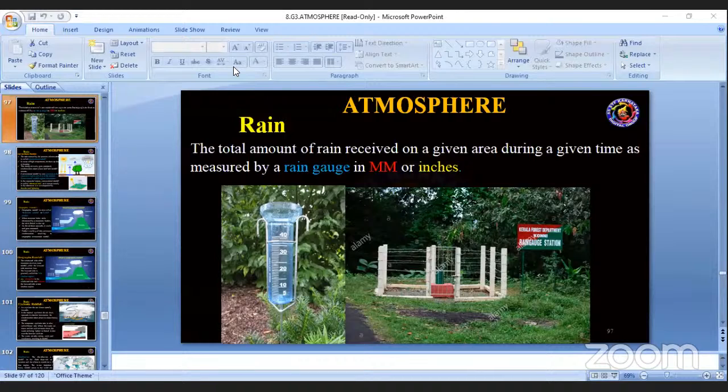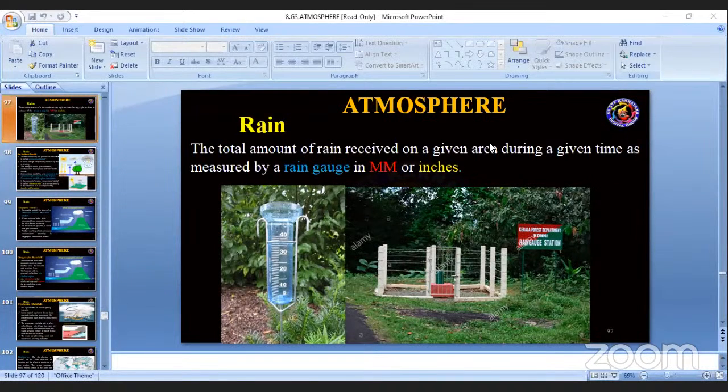Absolute humidity and specific humidity are both expressed in grams of water, and relative humidity is expressed in percentage, depending on the temperature. Here, we identify what percentage of water vapor the air can hold, and it is expressed through percentage.